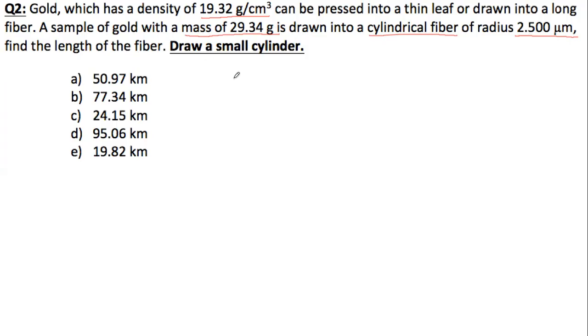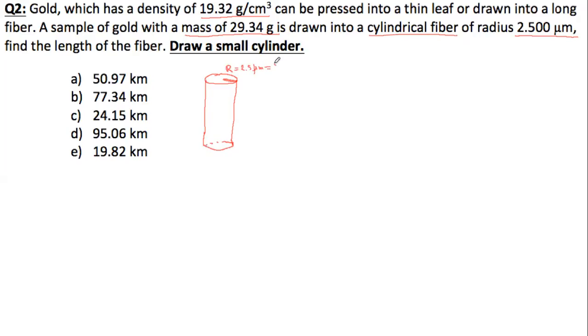Of course, it's a cylinder. So let me draw a cylinder. This is a cylindrical fiber. It's very long. The radius of the cylinder, I call it R, and it's 2.5 micrometers.